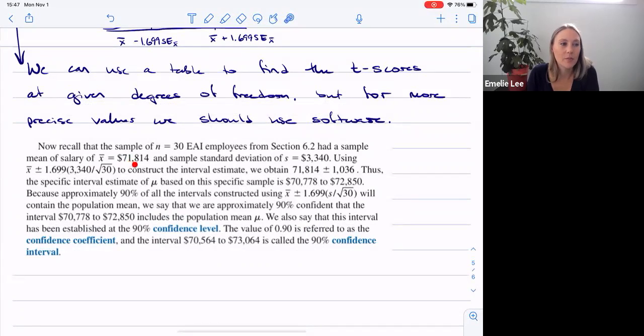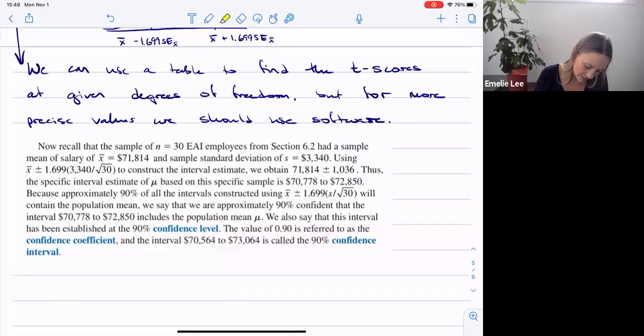So if we have a sample mean from our calculations or from the example, and we have a sample standard deviation, then we can build the margin of error, which is the critical value, that t that we found, 1.699, times the standard error of x bar, and subtract it from the mean and add it to the mean to get this interval. So what we find is that our interval is between 70,778 to 72,850, right?